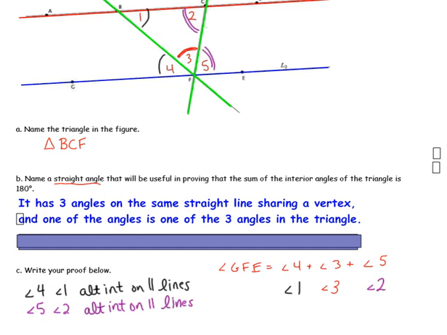So since I know that angle 5 is equal to angle 2, I can replace that in the equation. And angle 4 is equivalent to angle 1, so I'll replace that in the equation. And angle 3 is the third angle in my triangle. So if I add those three angles together, that will have a measure of 180 degrees, the same as the measure of angle GFE from the previous equation.